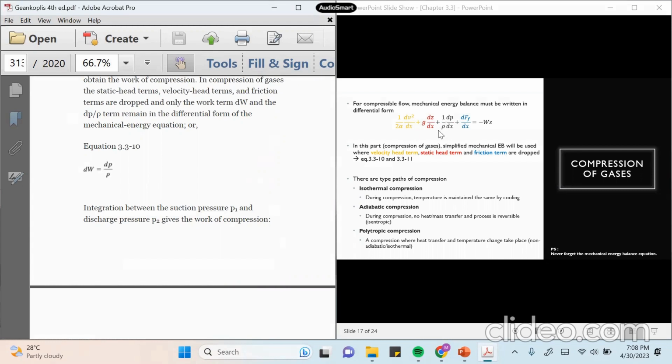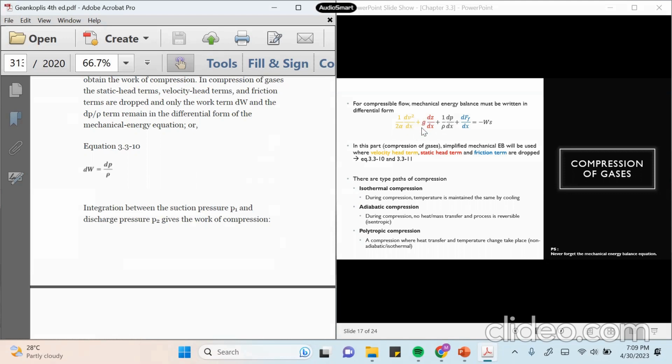The dp per density value is much, much higher, and it has a higher significance to WS. So F is insignificant, g times delta z is also insignificant compared to dp per rho, and delta v squared over 2 alpha is also insignificant compared to dp per density.